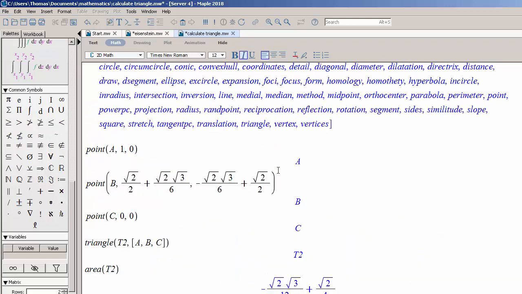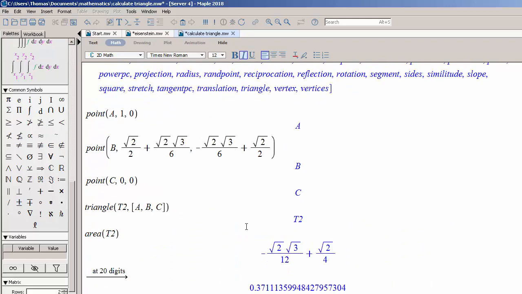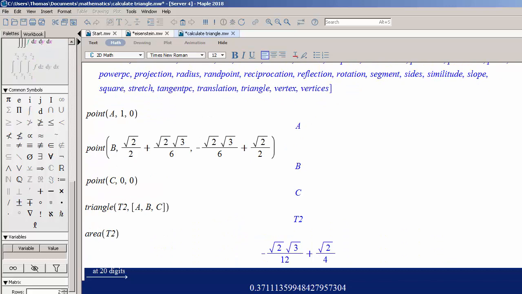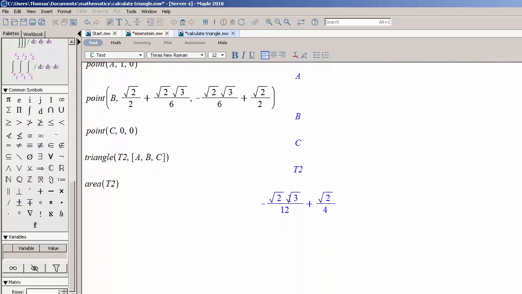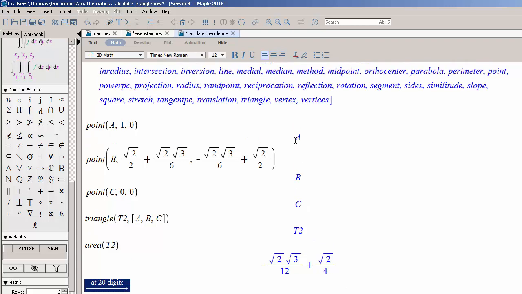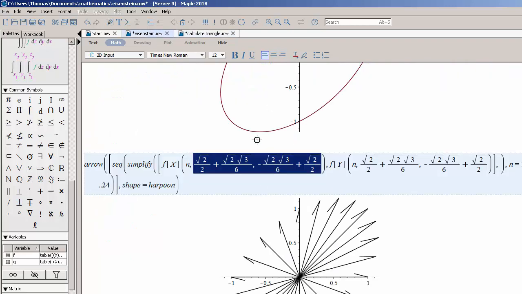Alright, this calculates the area, and that's what the area is. Okay, and move on to the next one.